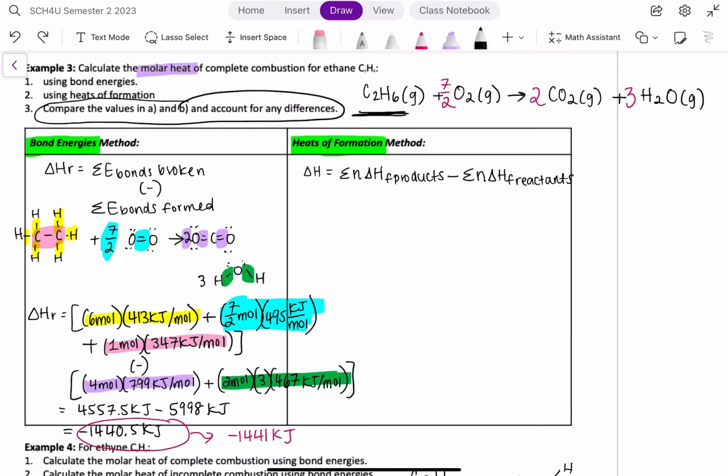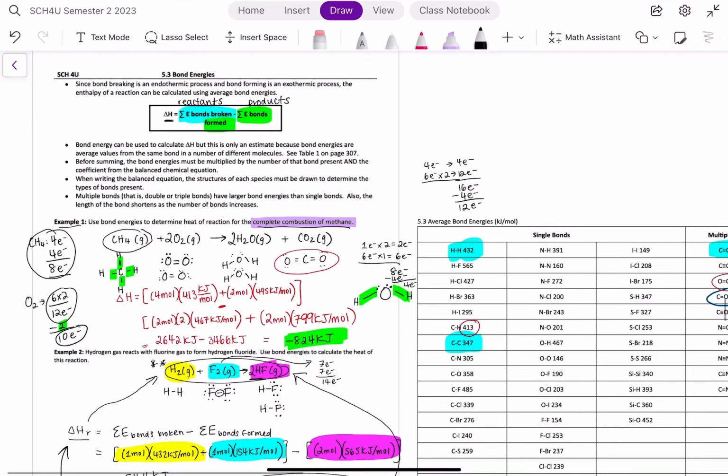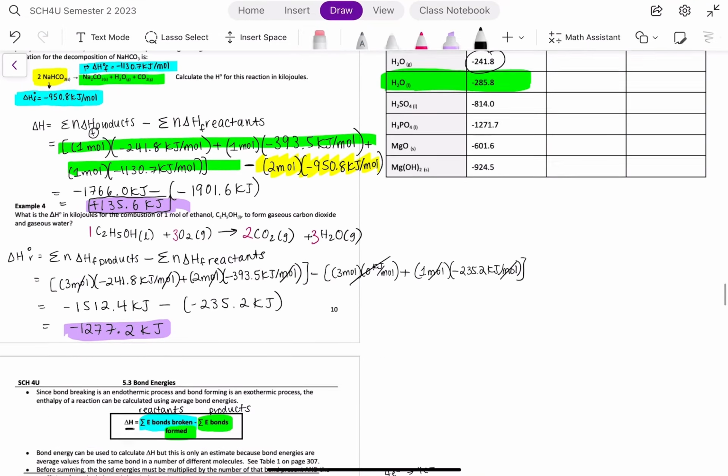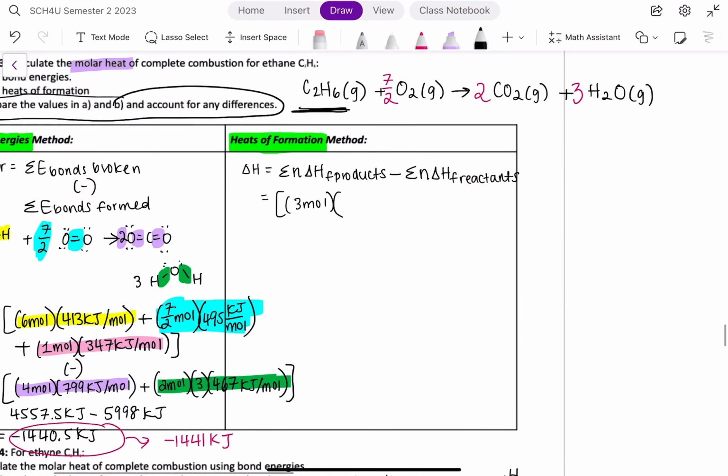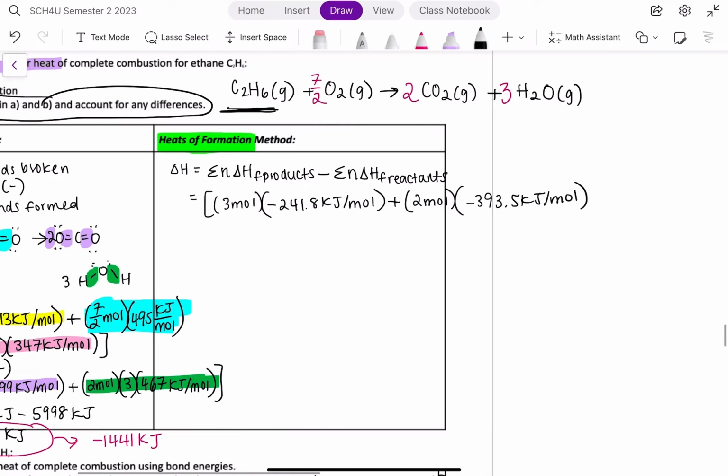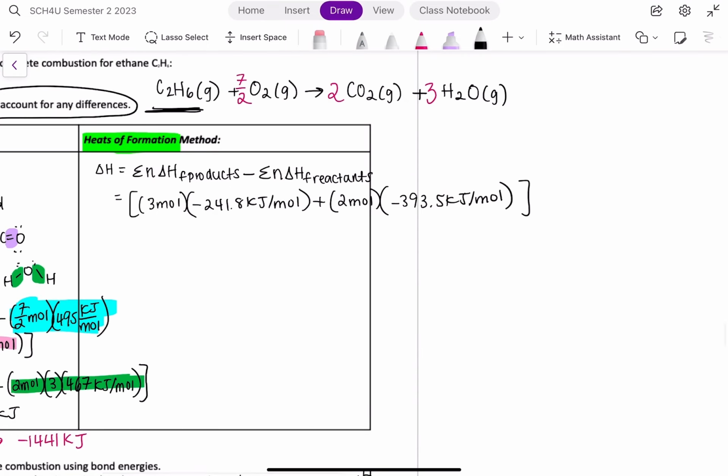So this method, remember, we take into account the mole ratios. For the products, we have 3 moles of water vapor, and water vapor has a delta H of negative 241.8 kilojoules per mole, plus 2 moles of CO2, negative 393.5 kilojoules per mole times 2, minus your reactants.